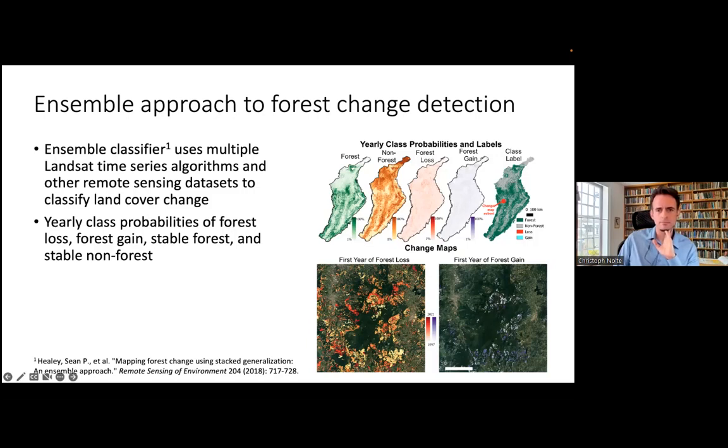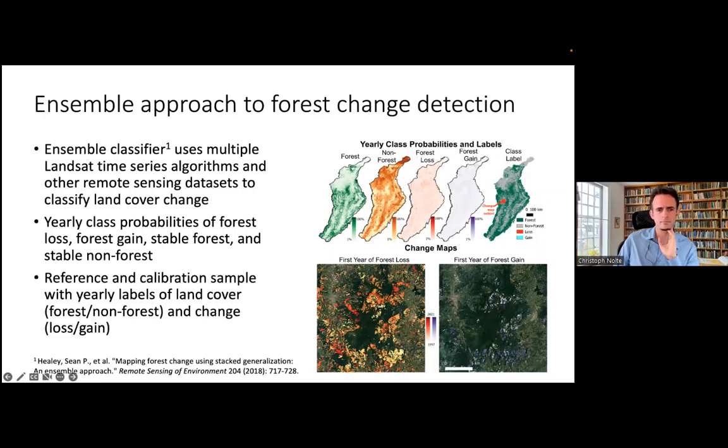But essentially what this is doing is getting us yearly forest, non-forest maps. It sounds somewhat complicated and there's a lot of inputs that go into it, but in the end of the day, what we get out of this whole process is yearly forest, non-forest maps that we have found to be consistently more accurate, both in the timing and location of forest cover change, than any of our original attempts at doing this using a single approach.